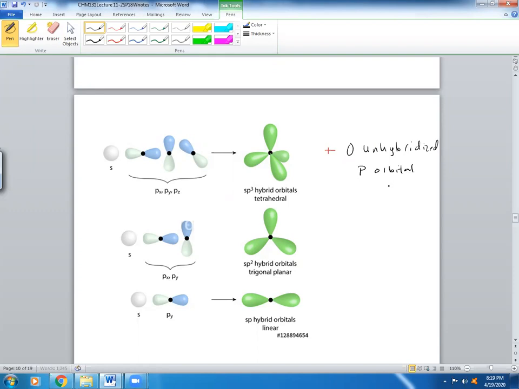You used them all. You don't have any more. However, if you look at the second one, you only use 2 p orbitals. So you must have what? You must have 1 unhybridized. So here we're going to say plus 1 unhybridized p orbital.